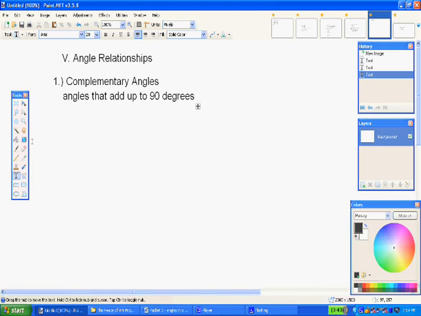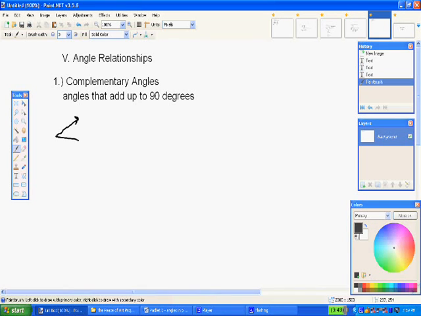I'll do two examples. You can see complementary angles that are separate from each other, that add up to 90 degrees.